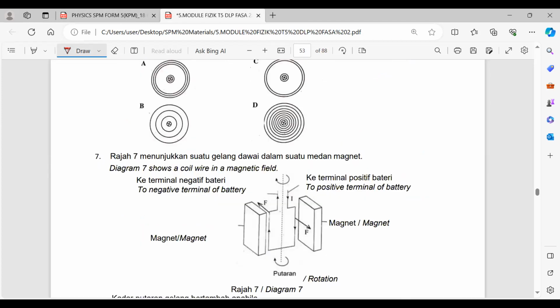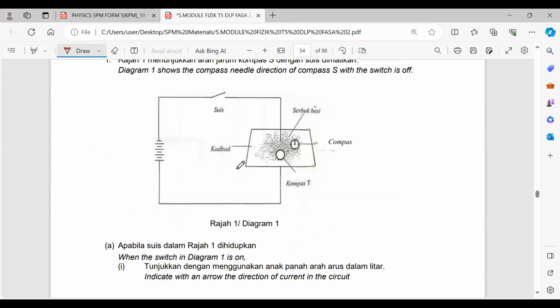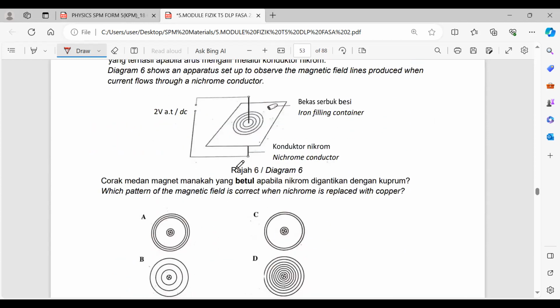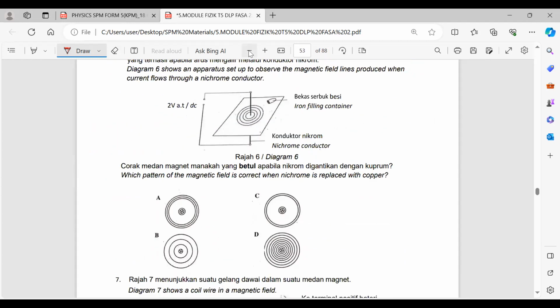I think we have a total of 7 questions. Then it goes to structure. Question number 6.